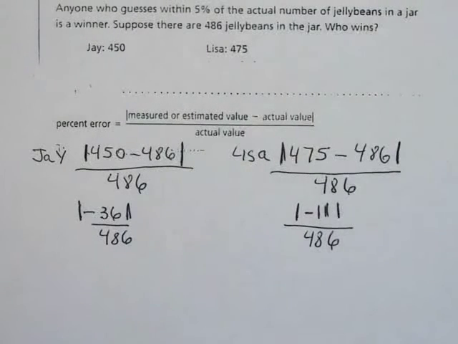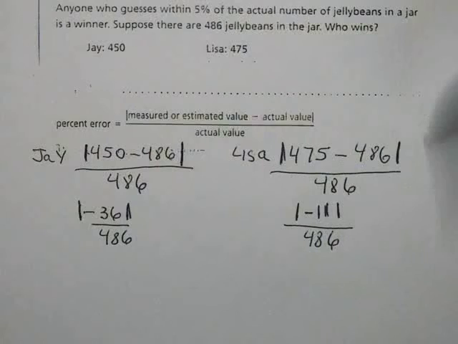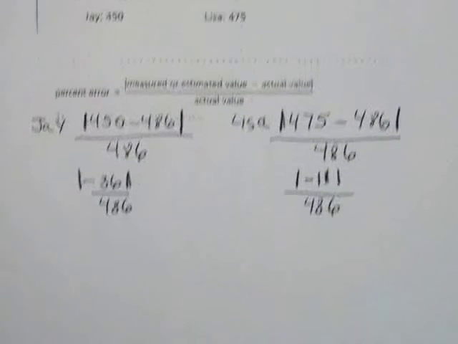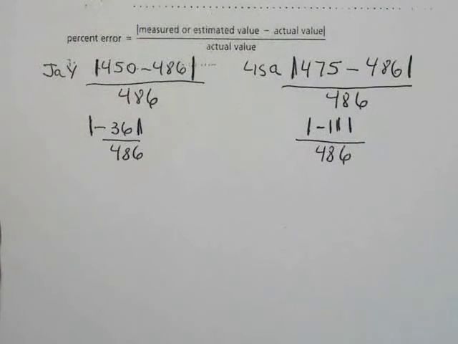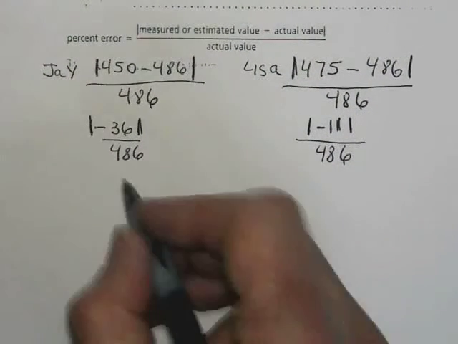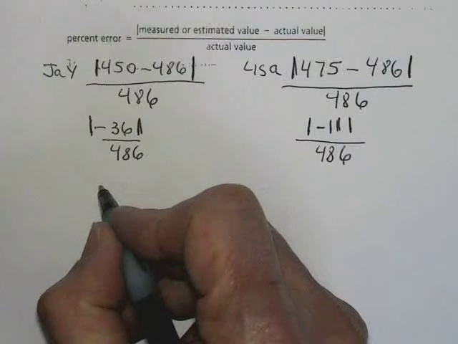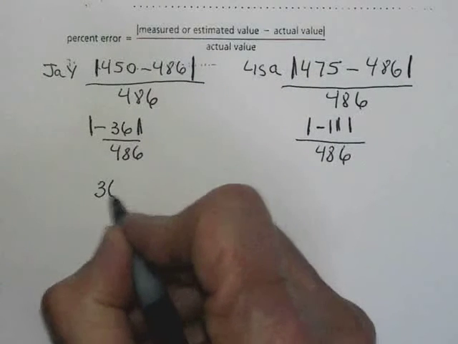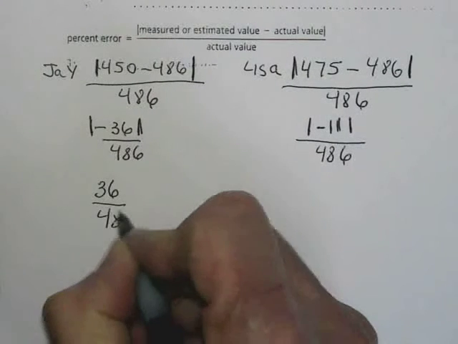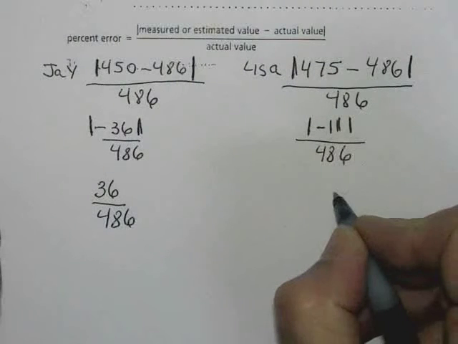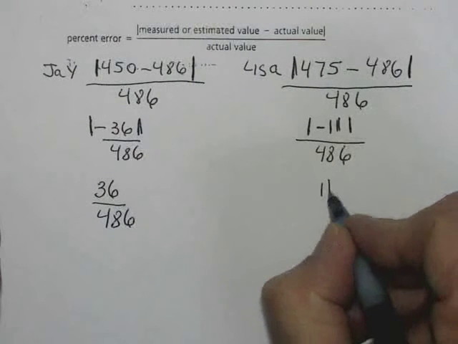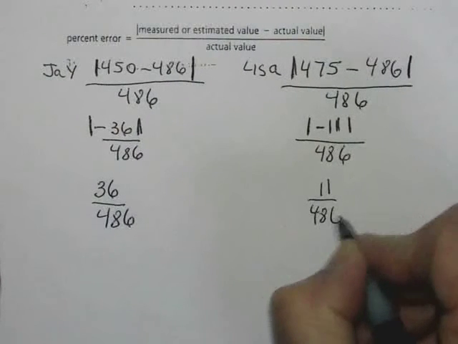Okay, so moving right along, I'm going to move this up so we can see what the math looks like. At this point, I'm going to take off the absolute value symbols, and I'm going to have Jay as being 36 over 486. I have to do that division, and Lisa is 11 over 486.